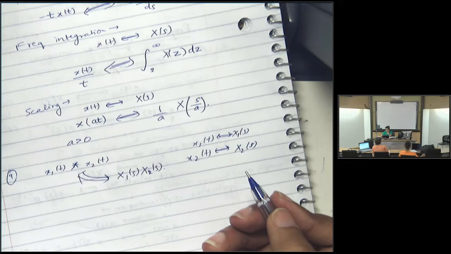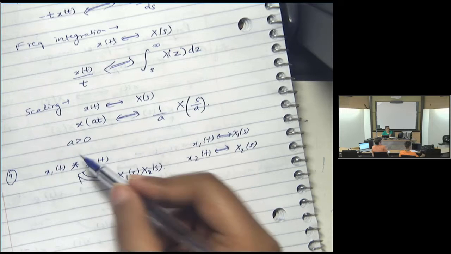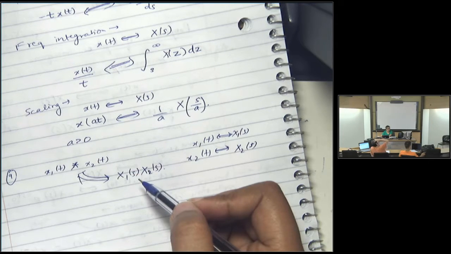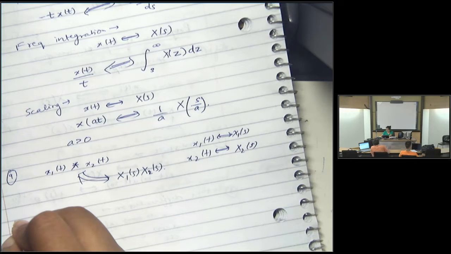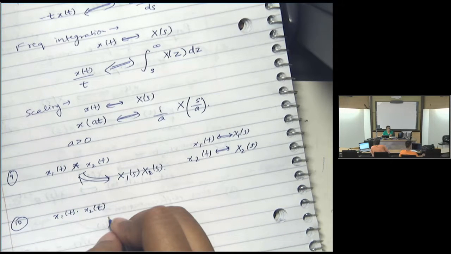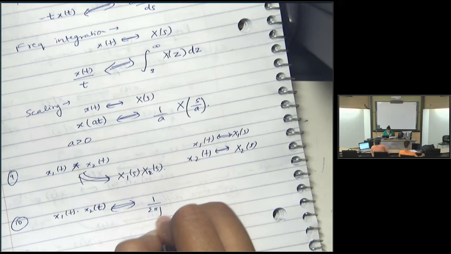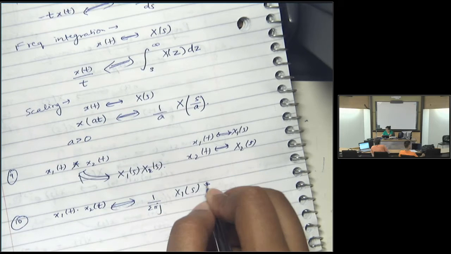So convolution can be done in time domain or in S domain, the frequency domain. Convolution becomes multiplication in frequency domain. And similarly, multiplication in time domain will become convolution in frequency domain. So this will translate to convolution of x1 of s and x2 of s.